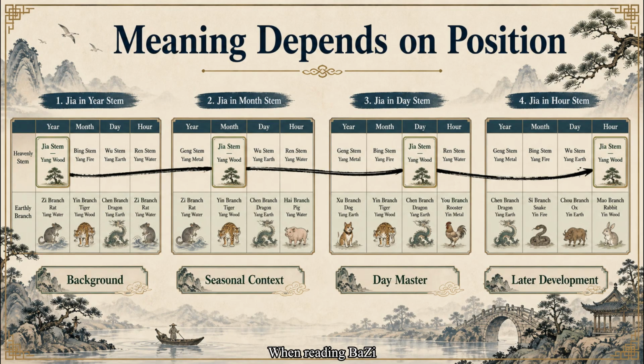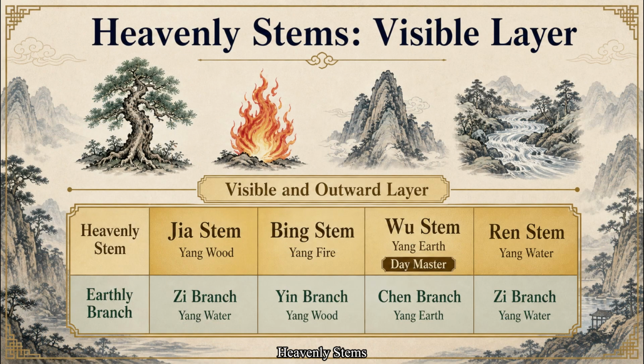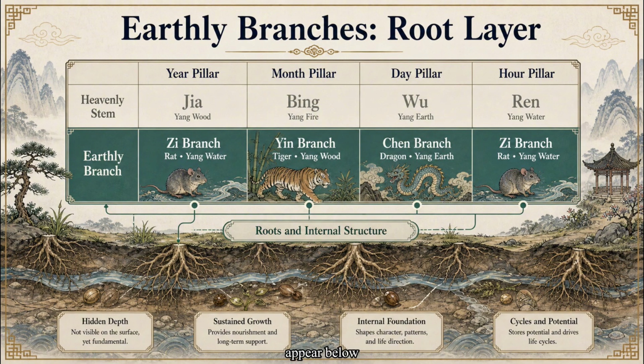When reading BaZi, you must examine not only which symbol appears, but also which pillar it occupies. Heavenly stems appear in the upper row and can initially be understood as more direct, visible, and outward information. Earthly branches appear below and are more like the underlying environment, roots, and internal structure.